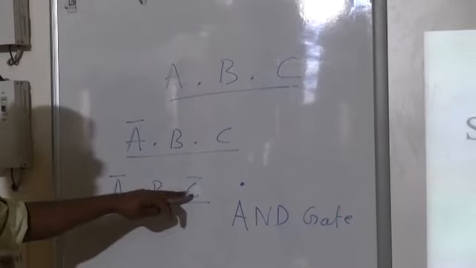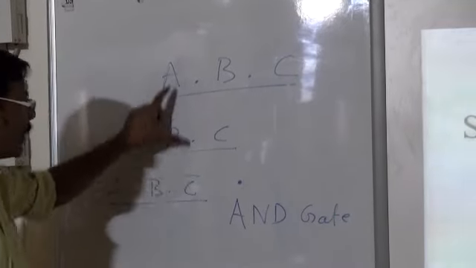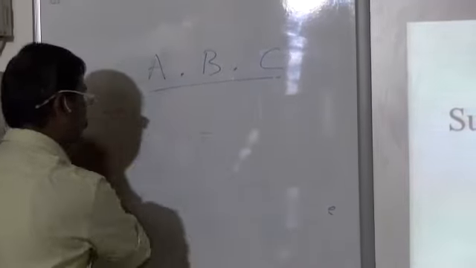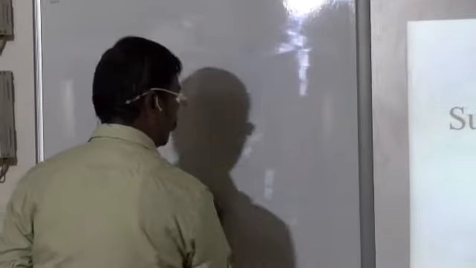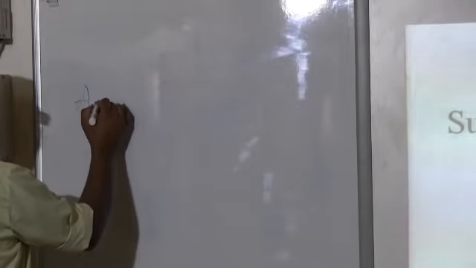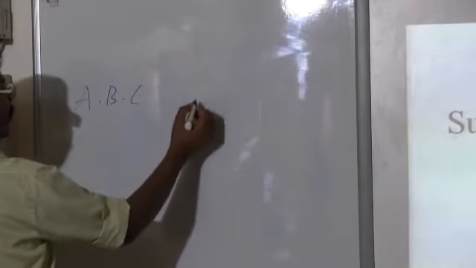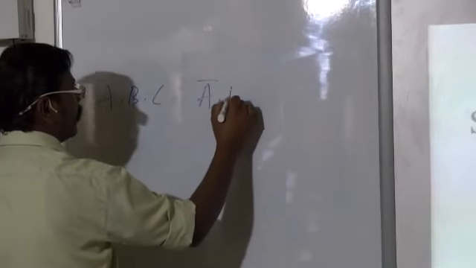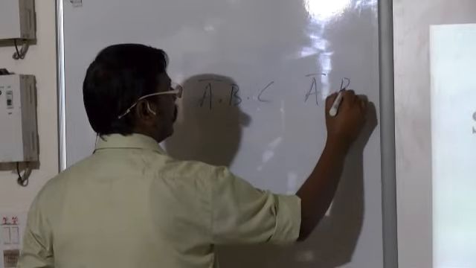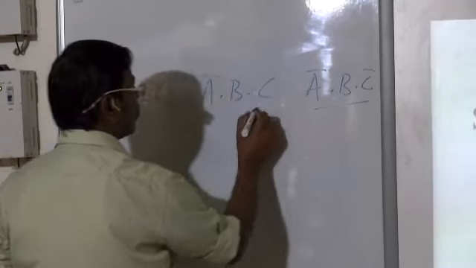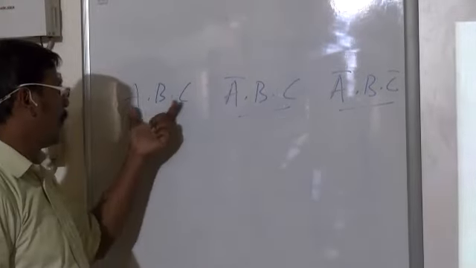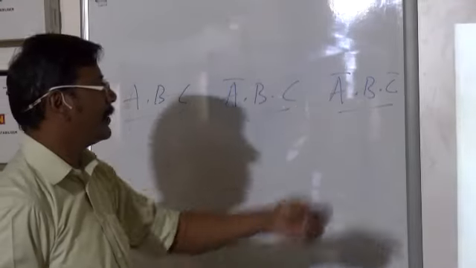Now if we find the sum of these, it becomes like this: A dot B dot C, then A complement dot B dot C, and A complement dot B dot C complement. These were the three terms we took, each one a product.